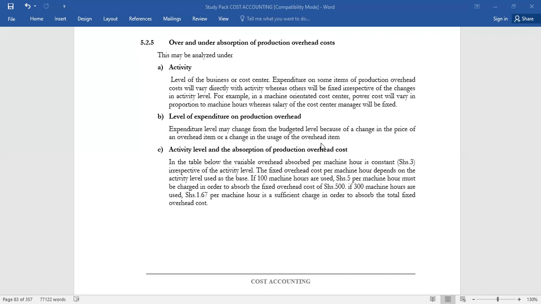If 100 machine hours are used, 5 shillings per machine hour must be charged in order to absorb the fixed overhead cost of 500. If 300 machine hours are used, then 1.67 per machine hour is sufficient charge in order to absorb the total cost of overhead. I've shared the example in your portal.